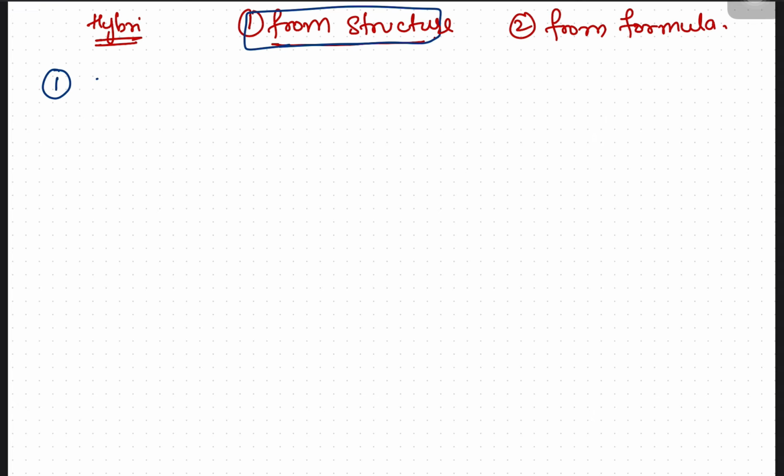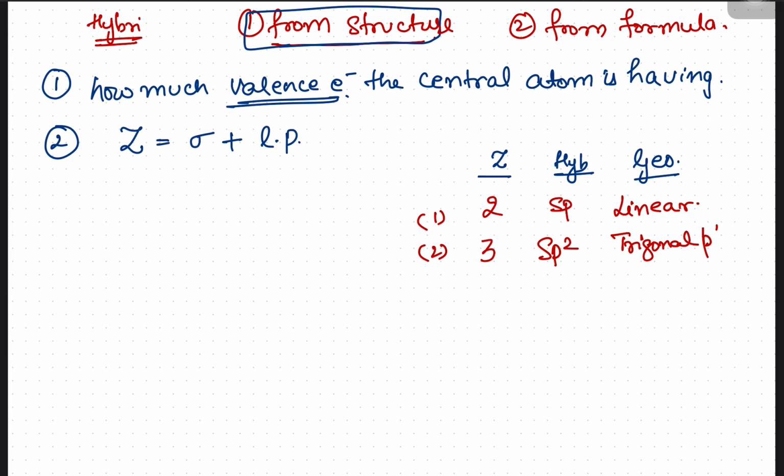If the value of Z is 2, the hybridization will be sp and the geometry will be linear. If Z is 3, the hybridization will be sp2 and the geometry will be trigonal planar. If Z is 4, sp3 and tetrahedral.